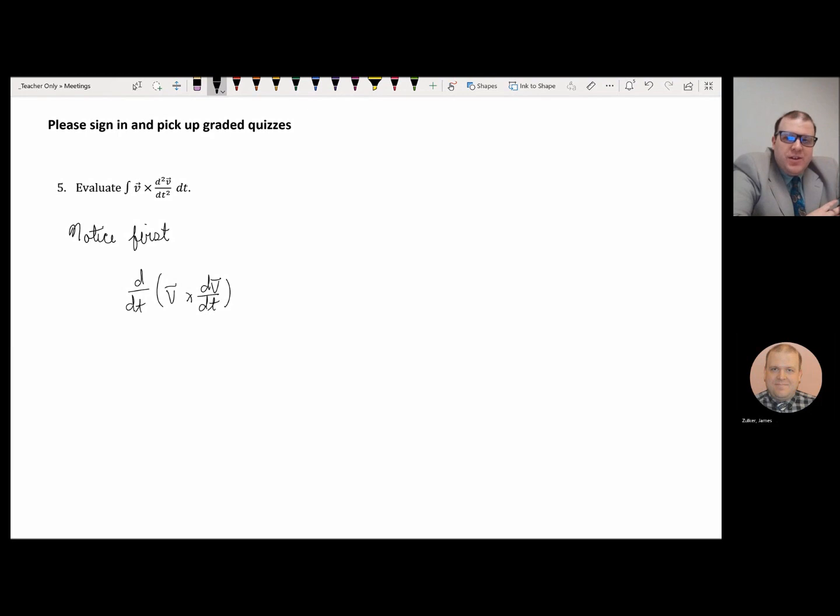We look at this derivative, using the product rule.